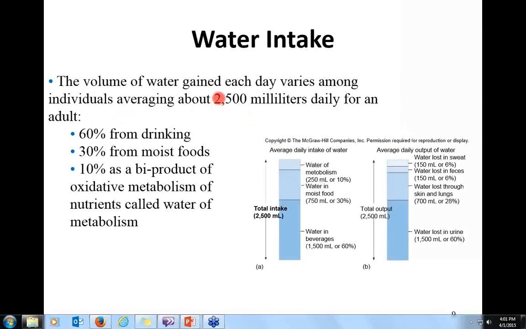We take in about 2.5 liters per day, roughly equivalent to a 2-liter bottle of soda, a little bit more than that. 60% of that comes from drinking, 30% comes from moist foods, and 10% is a byproduct of oxidative metabolism, in other words, cellular respiration.